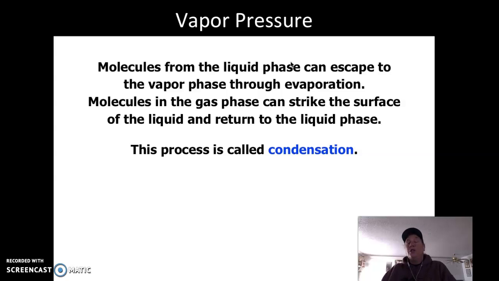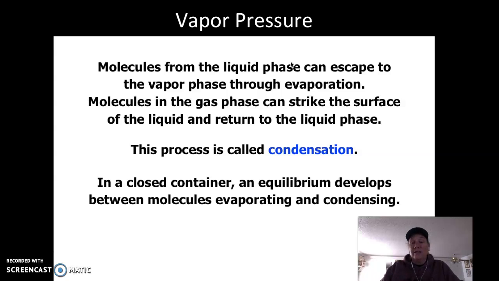Okay, if you change from a gas to a liquid, and you guys will be experiencing this soon when you get frost on your windshield, what has happened is we have water vapor in the air. It hits your cool windshield, it cools off and becomes a liquid, and then it freezes and becomes a solid. And that's when you have to scrape your windows. But when it goes from a gas to a liquid, that's called condensation.